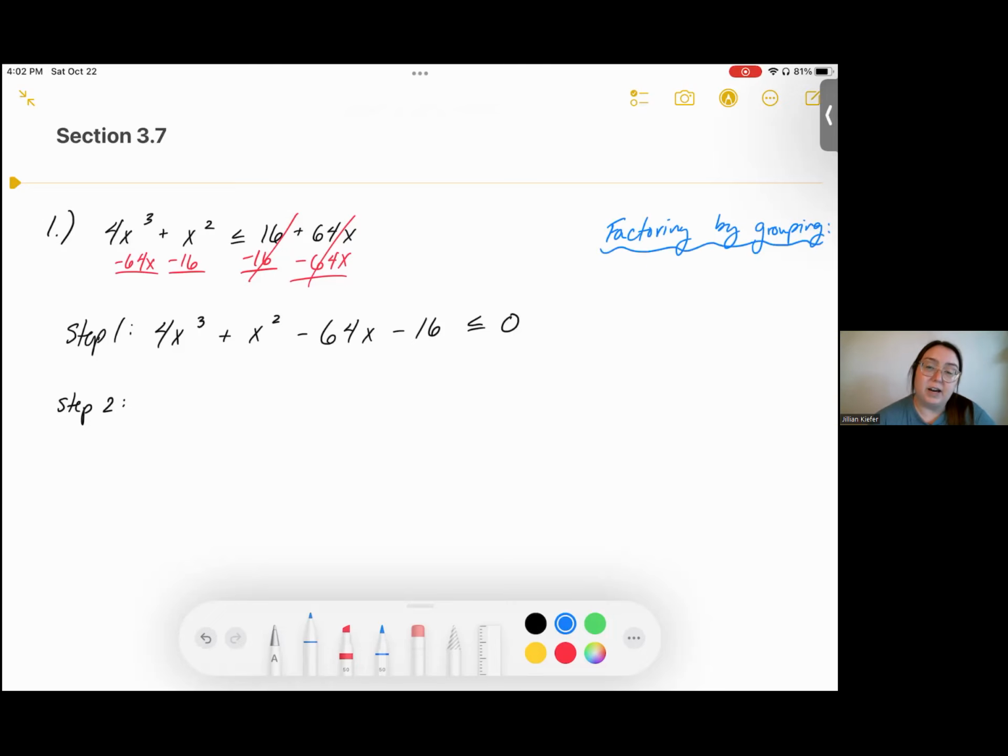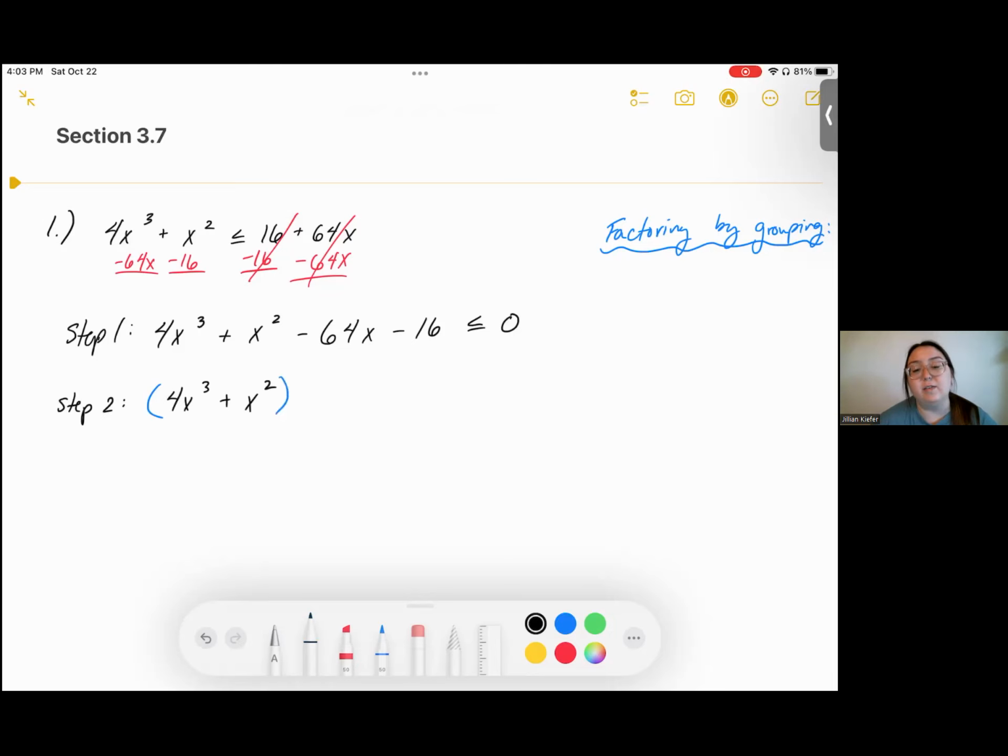What you do when you have factoring by grouping is that, for example, we're going to take the first 2 terms and the last 2 terms, and we're going to put parentheses around them. So for us, that would be putting parentheses around 4x cubed plus x squared and 64x minus 16. So we're going to put parentheses around 4x cubed plus x squared.